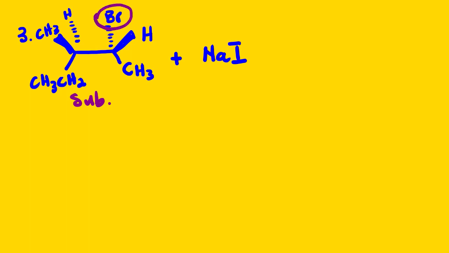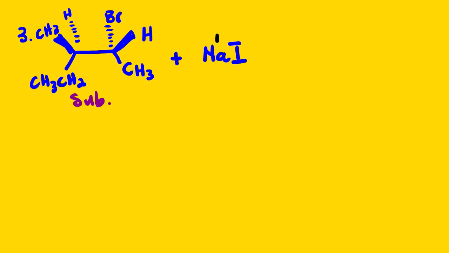By the way, this will be our leaving group. You should know that Br is one of those good leaving groups. So if you have a substrate that consists of Br and another halogen, you should know that Br will be considered as our leaving group.